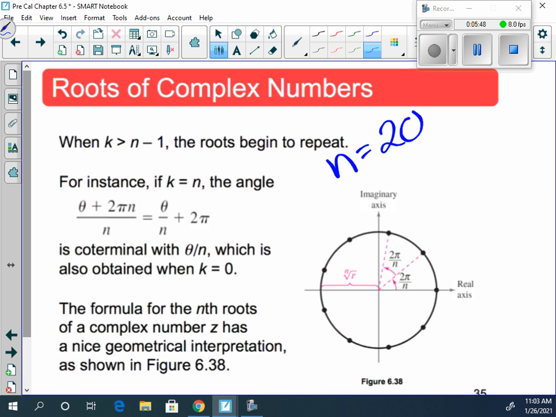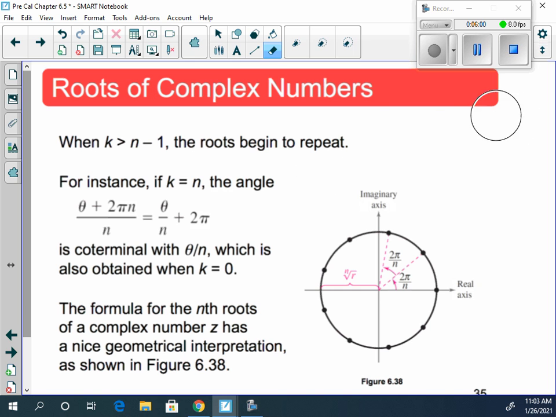It's going to take a while for this to repeat because we're going to have 20 different roots, and it wouldn't be till the 21st root that it would repeat. So some take longer. I'm not going to do 20 roots to you. For instance, k equals n is the angle theta plus 2 pi n over n.